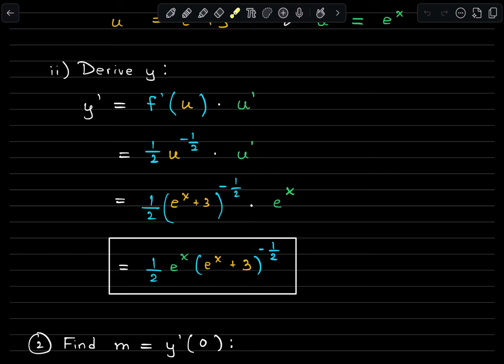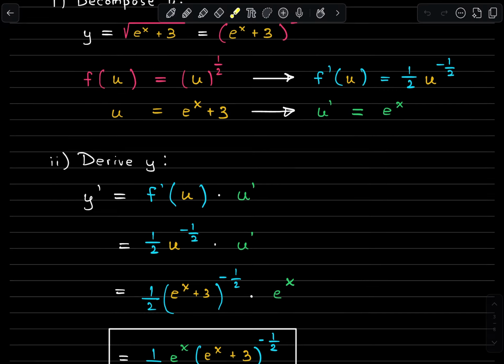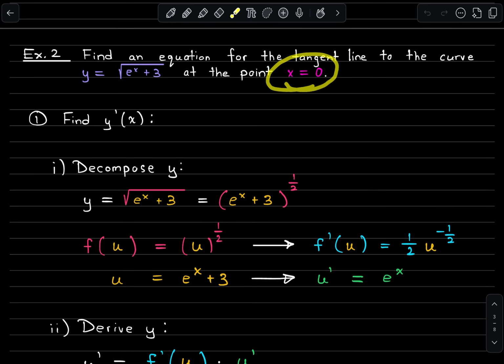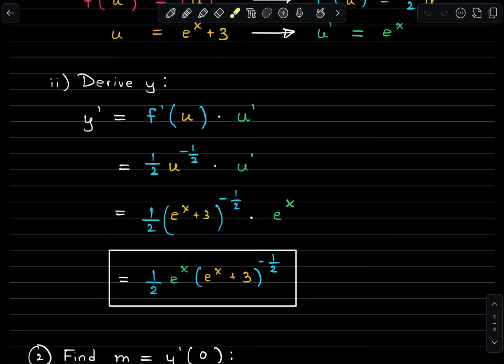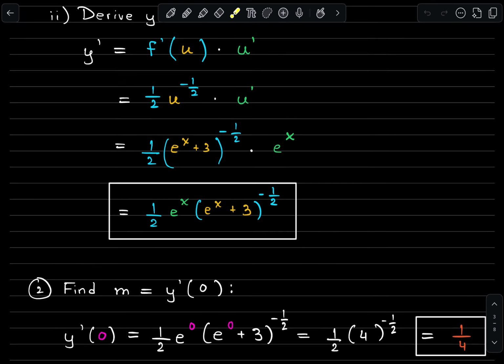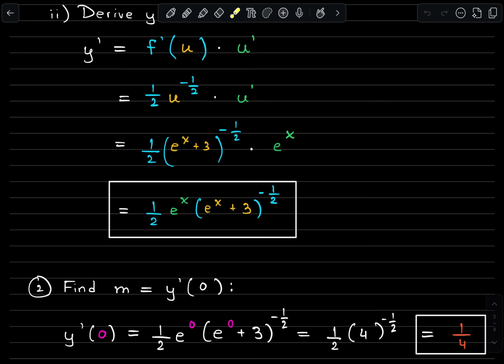Okay, so that was our first step in finding the equation of the tangent line. We are going to have to find the slope next. So we're going to evaluate y prime at our given x value, which is 0. Okay, so we just go ahead and plug in 0 for x. So 1/2 e to the 0 times e to the 0 plus 3 raised to negative 1/2.